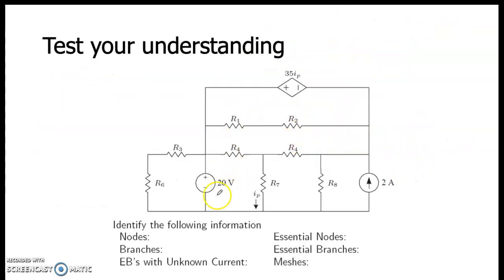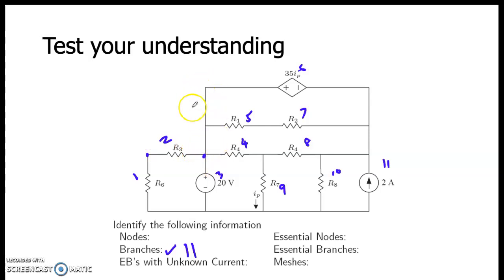Now let's test your understanding. How many branches first? We have 1, 2, 3, 4, 5, 6, 7, 8, 9, 10, 11 branches. How many nodes? Here we have 1, 2.